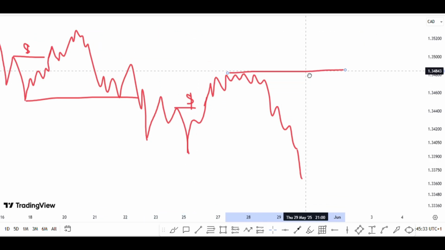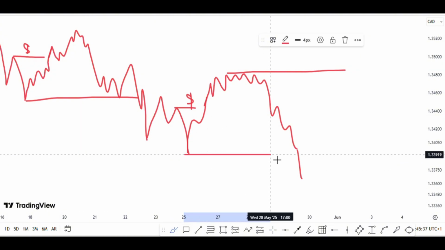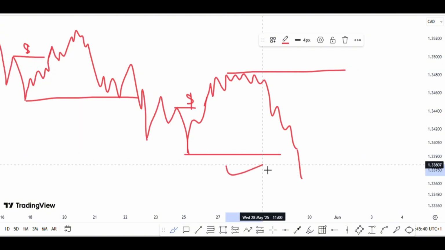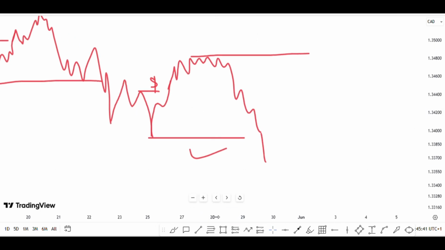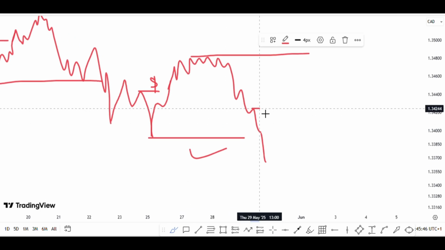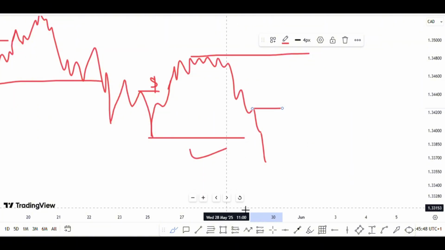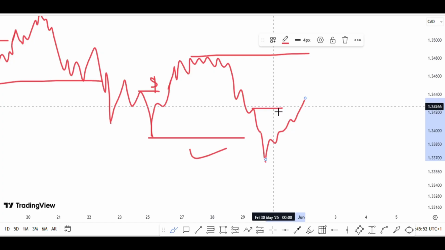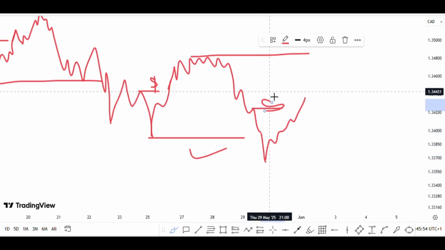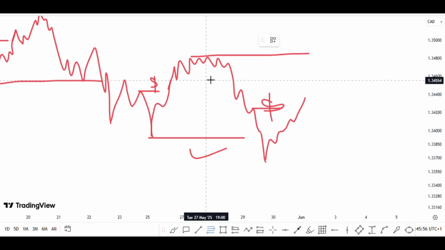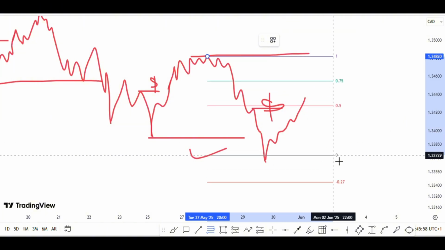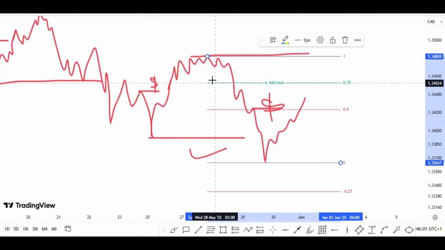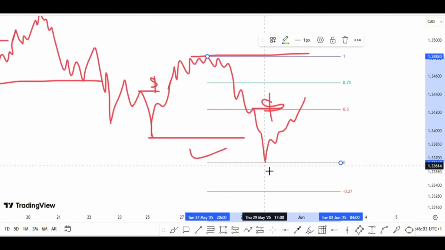This is going to be our high, our swing point, so it means that we have our break of structure here. What are we going to do again? We look for our inducement, which is this. Then we wait for the market to take our inducement like this. Immediately the market takes out this inducement, we go straight to our Fibonacci and draw it from this swing high to swing low.